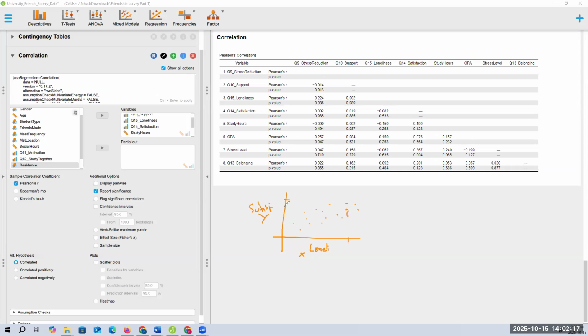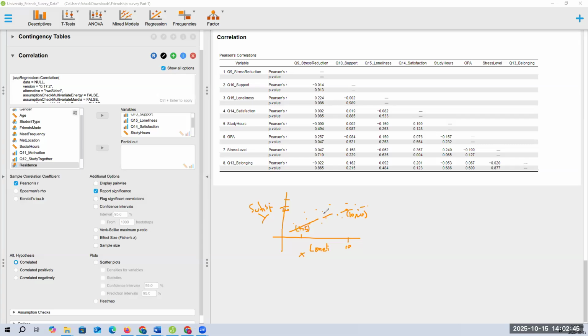So you could say this is 20, this is level 10, so 10 and 20. Whereas here, satisfaction would be around 2 and 5, so that would be a value here. And the imaginary line goes through these points.